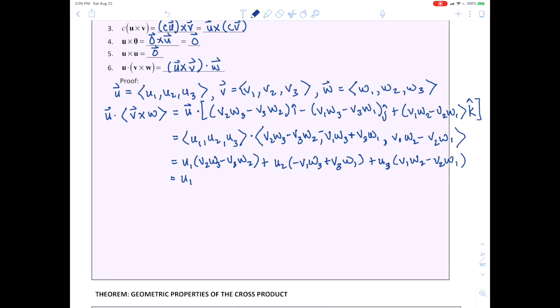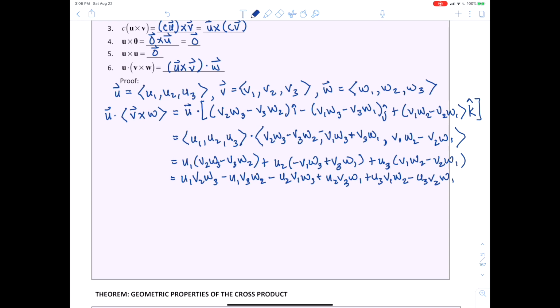So we'll have U1 V2 W3 minus U1 V3 W2 minus U2 V1 times W3 plus U2 V3 W1, and then plus U3 V1 W2 minus U3 V2 W1.